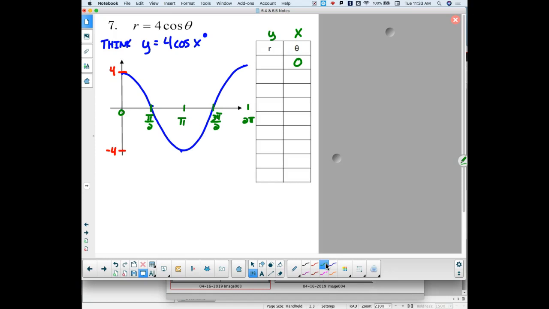+4. At theta is pi over 2, what is my r value? 0. At theta is pi, what is my r value? -4.